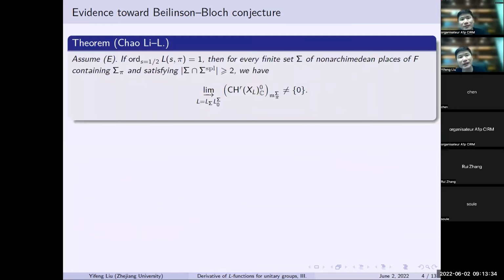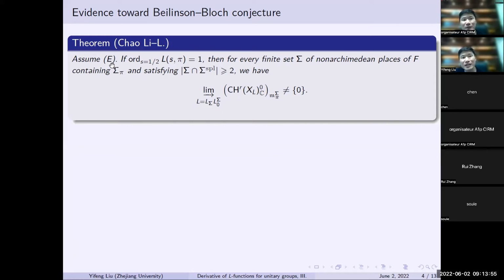Theorem. This is a theorem obtained jointly with Charlie. We had two papers on this subject, and this one is just the most general one. Actually, not the most general one. What we prove is stronger, but this is the one we will study today.